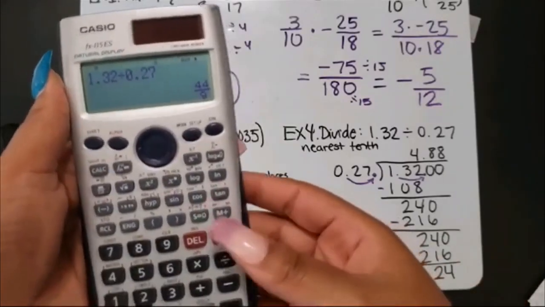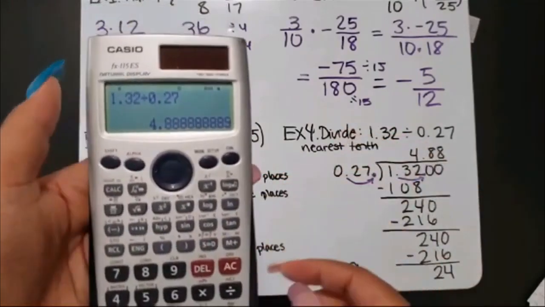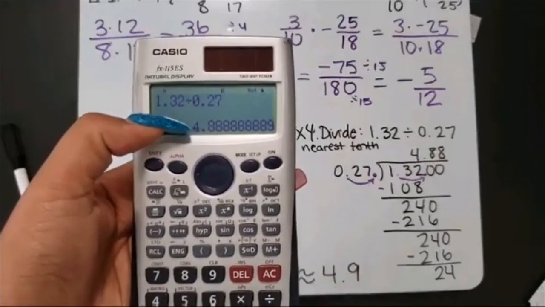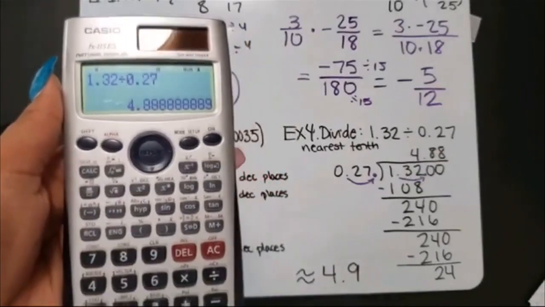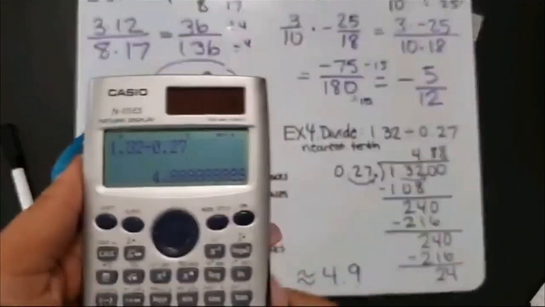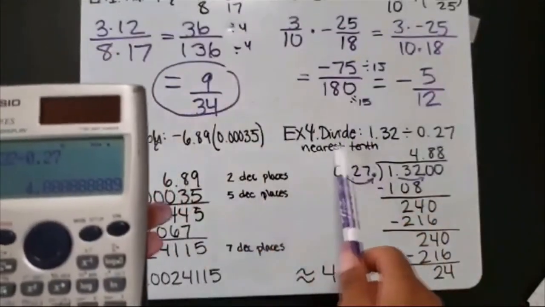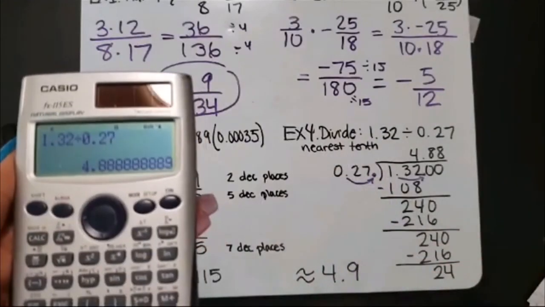But on my calculator, if I hit this button, it will undo that, and it will give me 4.88888888.